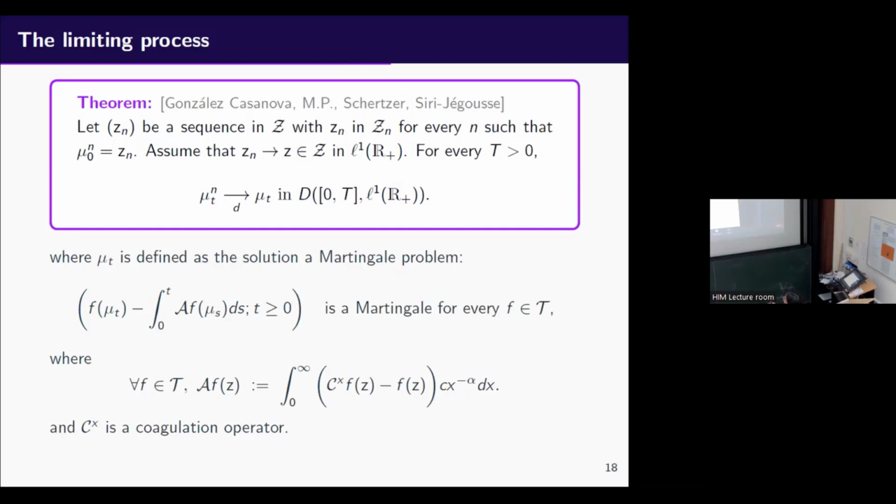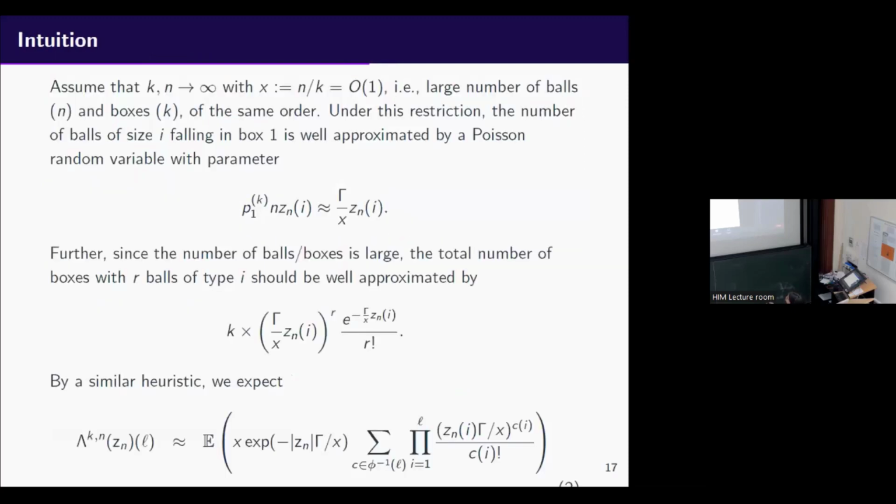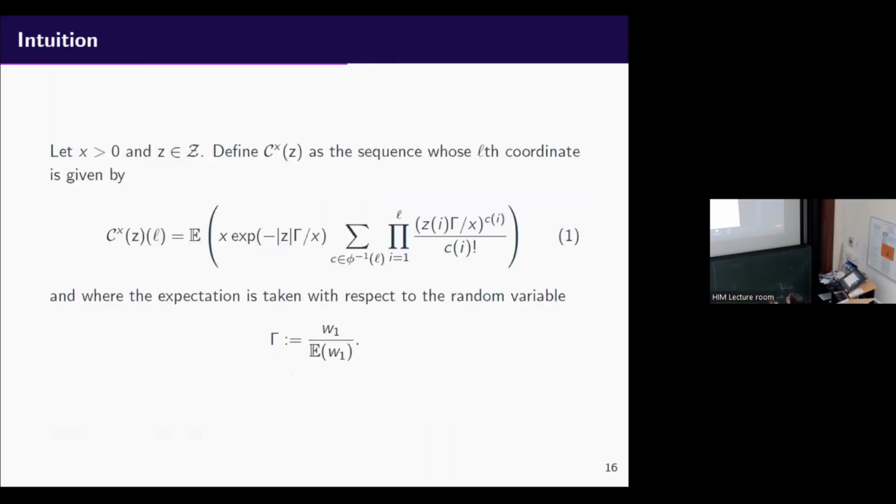So remember that you were throwing events at rate k to the minus alpha. So then this becomes this x to the minus alpha that you have here, and here the coagulation operator that you have is this thing that I had defined here.